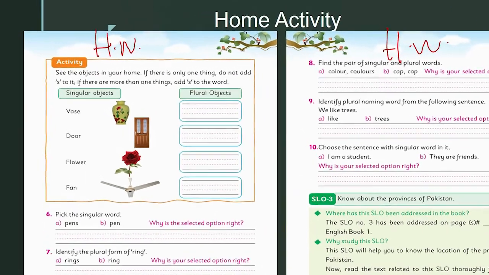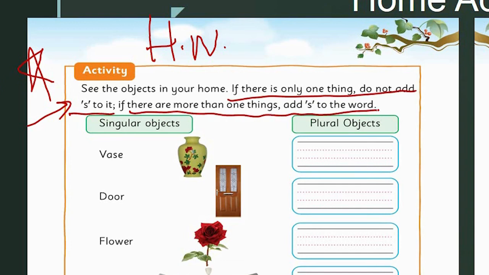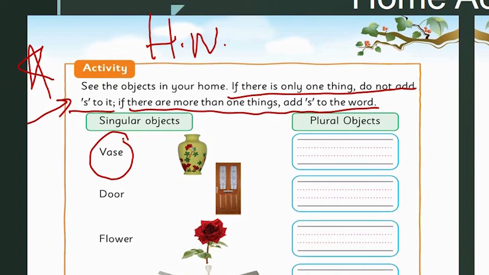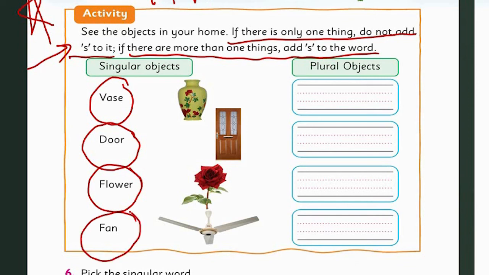I would read out loud the question once so that you know what to do. The activity here says, see the objects in your home. If there is only one thing, do not add s to it. If there are more than one things, add s to the word. If you have one vase, if you have one door, if you have one flower, or if you have one fan.